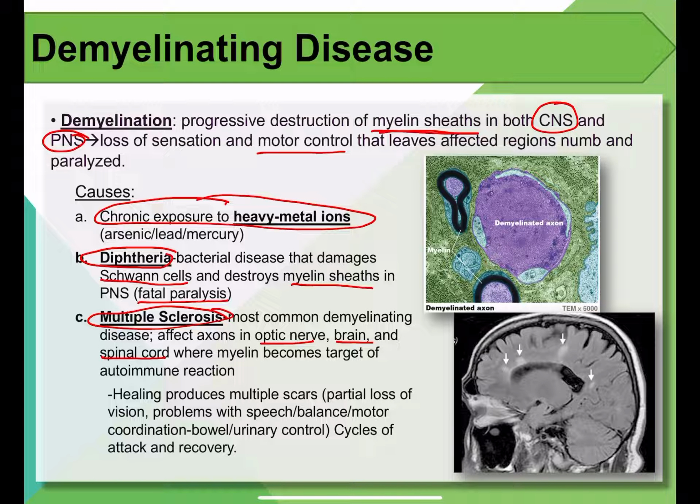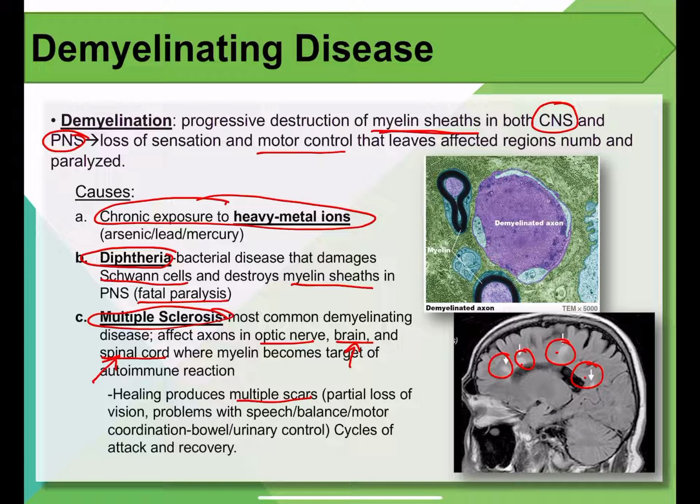And for these people, healing can produce multiple scars because we're talking about the central nervous system here, and we already talked about how damage within the central nervous system does not get repaired but produces scar tissue by astrocytes. So you would actually see these on an MRI scan of the brain. You will see these lesions in the brain that result from those scars healing after a myelin attack from your immune cells.